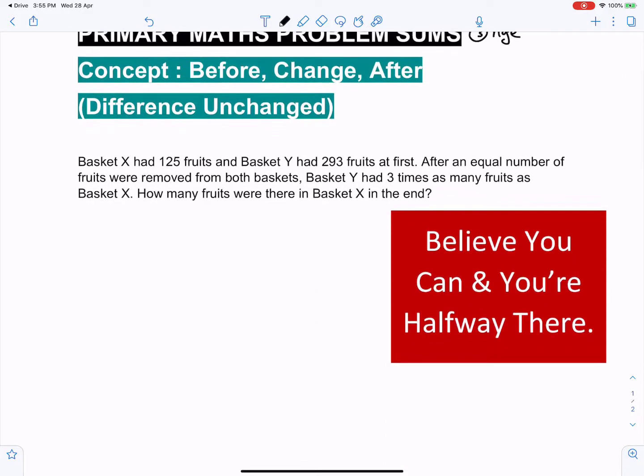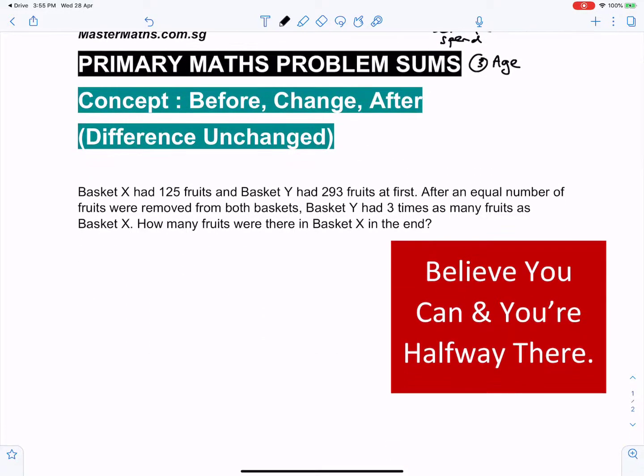Now let's first discuss a quote: believe you can and you're halfway there. Many students out there, those who do not manage to achieve their dreams, number one, they don't believe that they can achieve it. You got to believe in your abilities. Most of us are blessed to be in a mainstream school, and with that, we have equal opportunities with everyone.